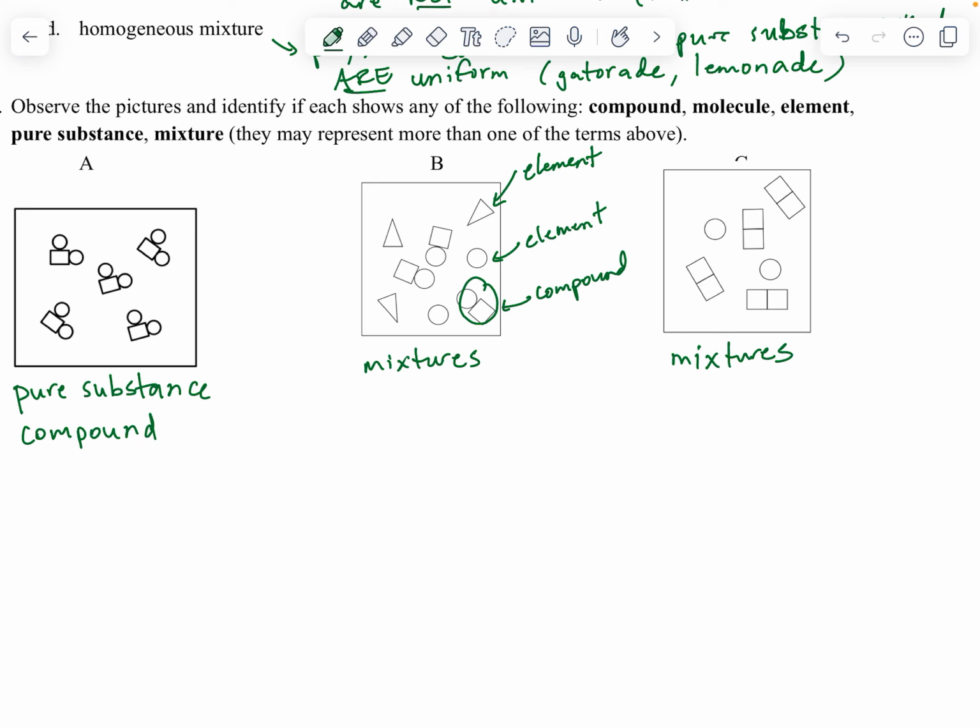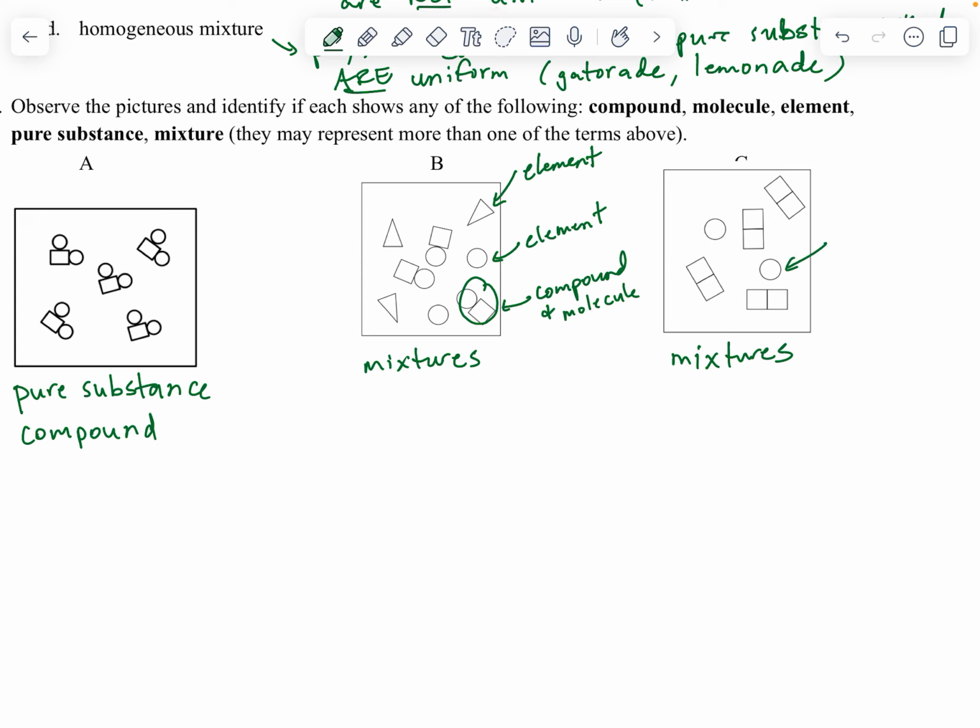And we can do the same thing over here. And I'm also going to put compound and molecule, right? Because a molecule is any grouping of those elements, whether they're the same or different.